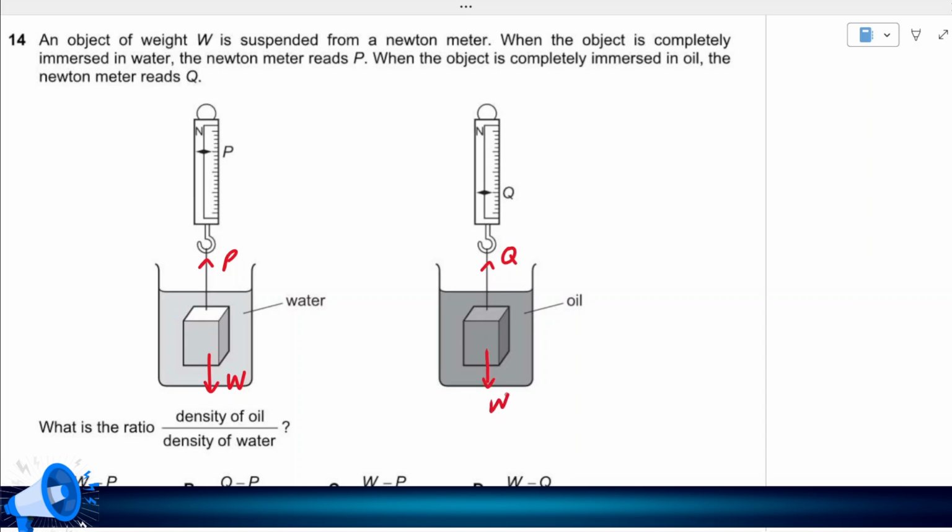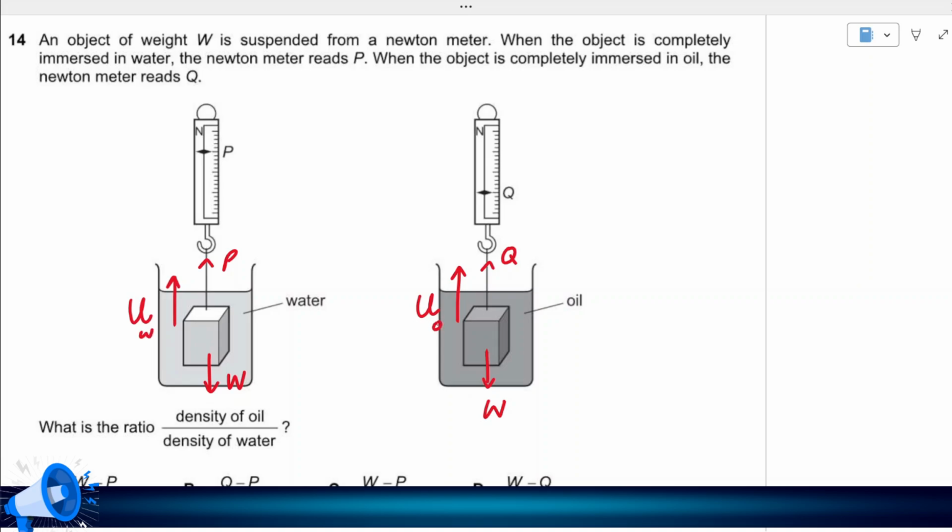We're not going to call it W1 W2 because it's essentially the same block, so it has the same weight. Upthrust here would be U, and upthrust for this one would be U. Upthrust would be different, by the way, for both of them. You can call it U1 and U2. Okay, this would be the upthrust of the water, and this would be upthrust of the oil.